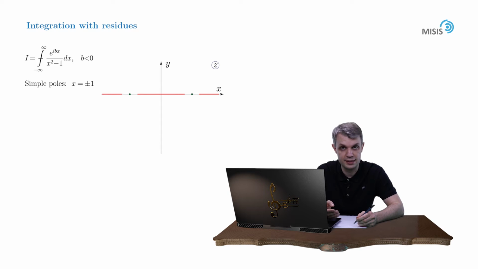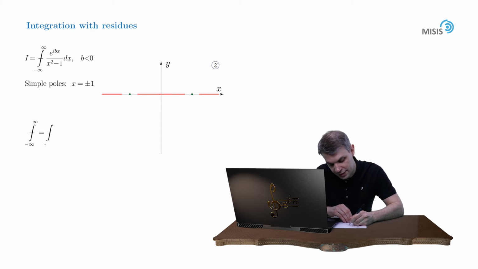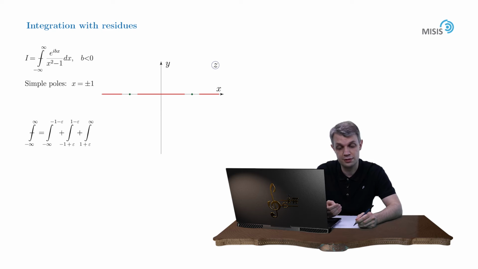It is split into three pieces, and let us decipher the principal value sign as the sum of the integral from -infinity to -1 minus epsilon, plus the integral from -1 plus epsilon to 1 minus epsilon, and plus the integral from 1 plus epsilon to +infinity. Naturally, to employ residue theorems, we need to close the contour somehow.